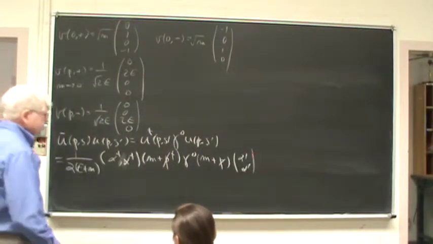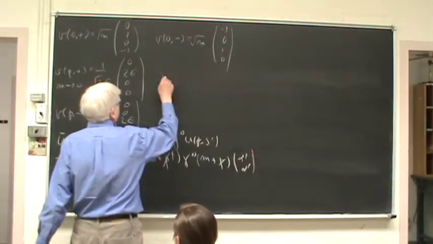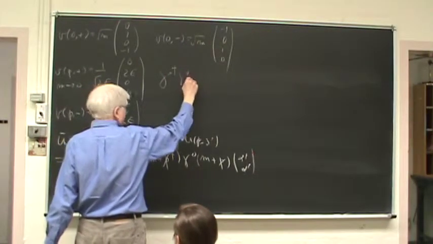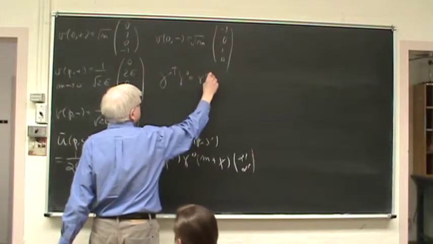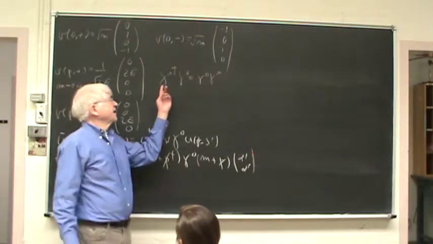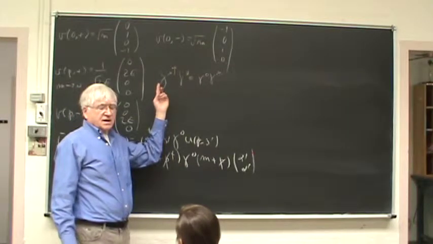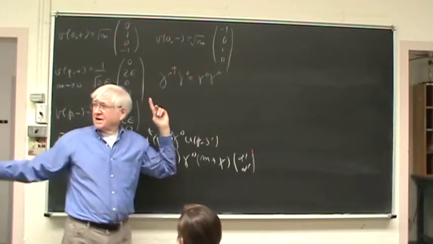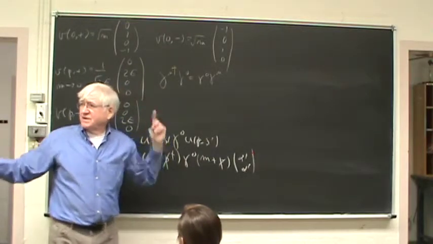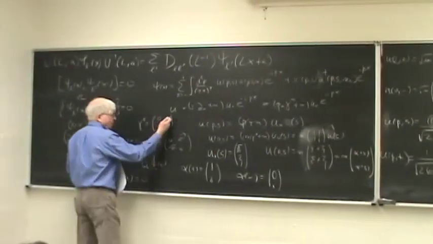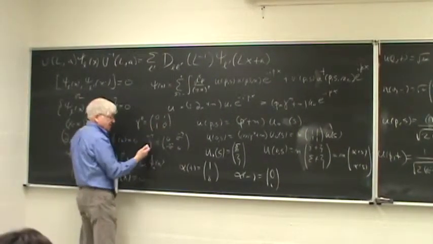And you remember that gamma mu dagger gamma 0 is equal to gamma 0 gamma mu. The reason for this is that gamma 0 is Hermitian. Gamma 0 is (0, 1; 1, 0), so that's Hermitian.